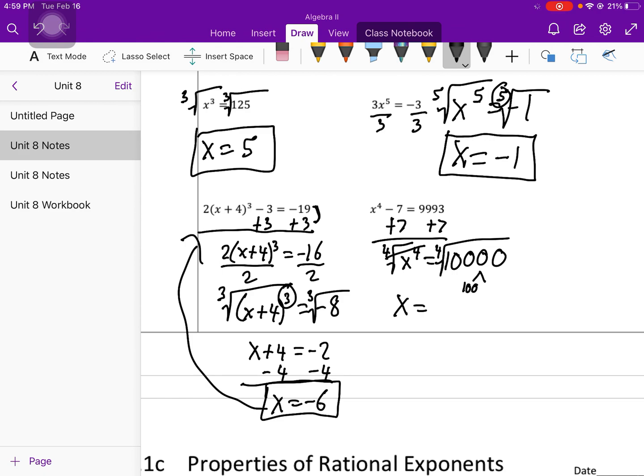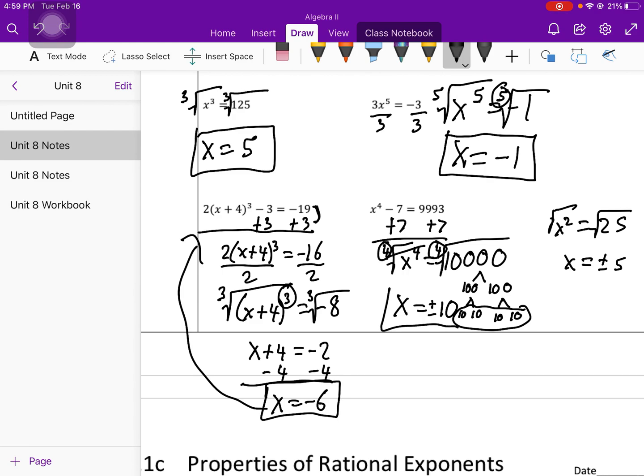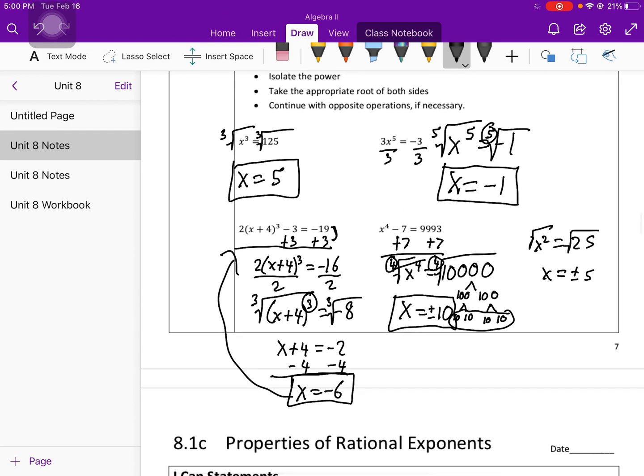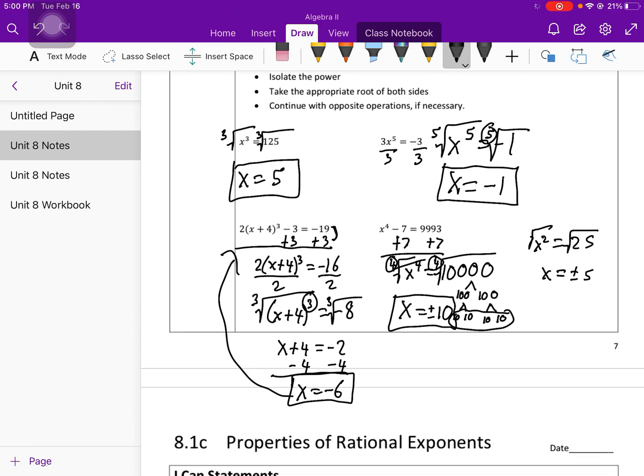And then 10,000 would break into 100 times 100, which would break into 10 times 10, 10 times 10, and then we get a group of 10s. So the answer is 10, but this time, just like when you're taking the square root of x squared equals 25, we get x equals plus or minus 5, because either one would work. The same thing is true here, because we have an even root that we're taking, the 4th. So it goes back and forth, but we have to be careful. It does end up being x equals plus or minus 10 when we're solving.